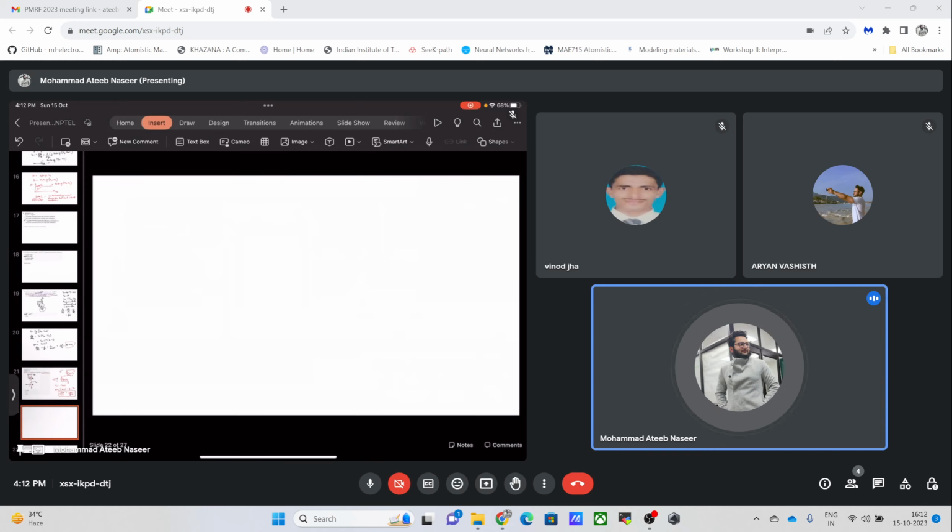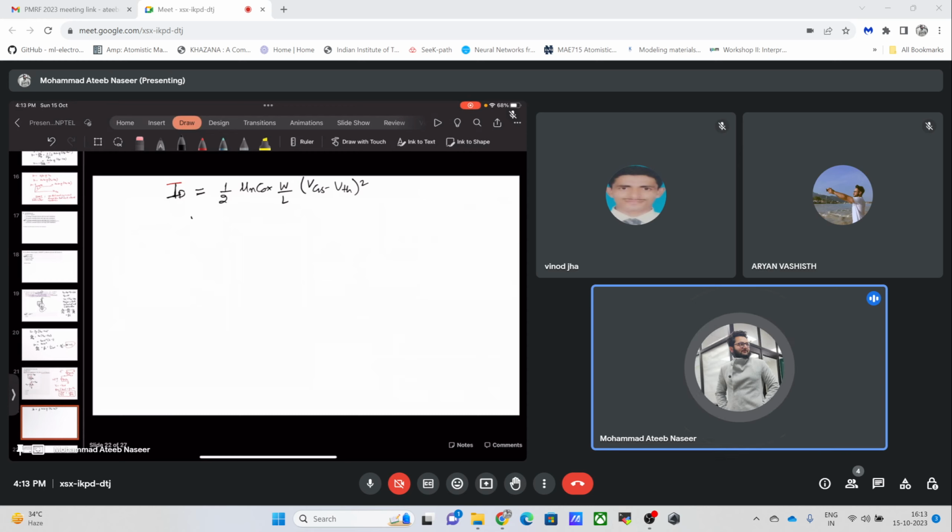Let me write down the current equation in the saturation. So ID is 1 by 2 mu n Cox W by L times (VGS minus VTH) whole square.